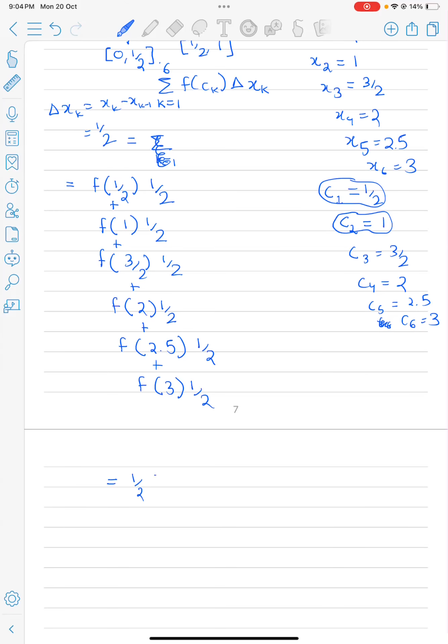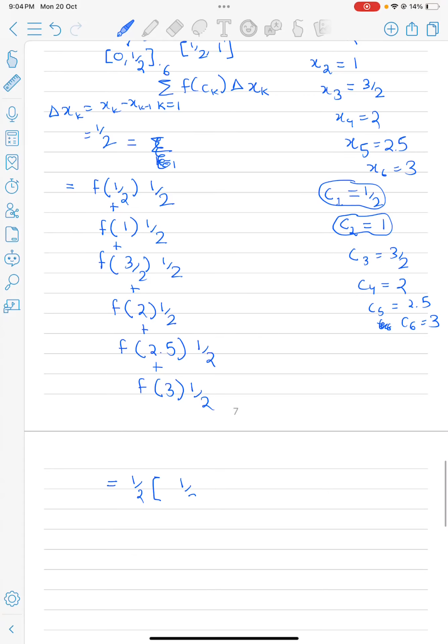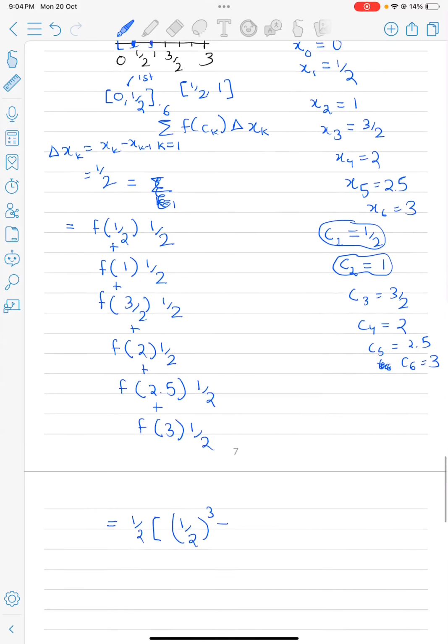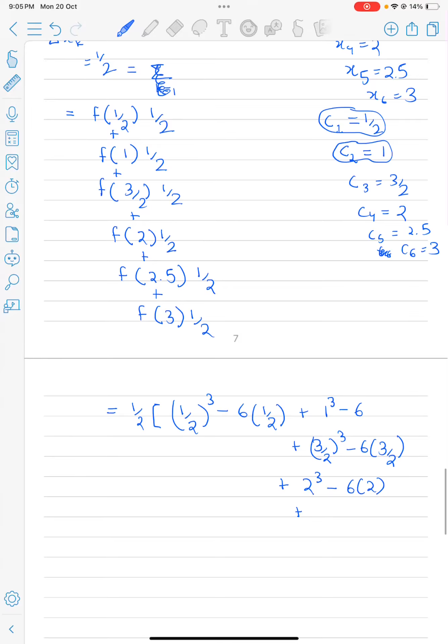So you take half common, and then f of half will be half cube minus 6 into half, plus 1 cube minus 6, 3 by 2 cube minus 6 times 3 by 2, 2 cube minus 6 times 2, 2.5 cube minus 6 into 2.5.